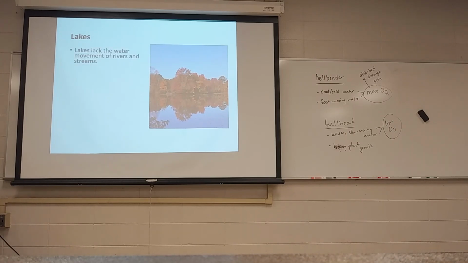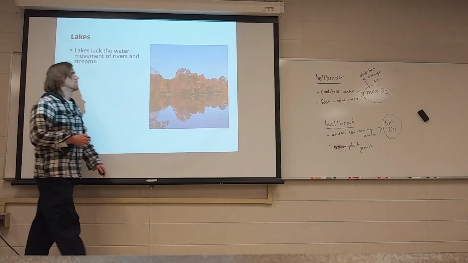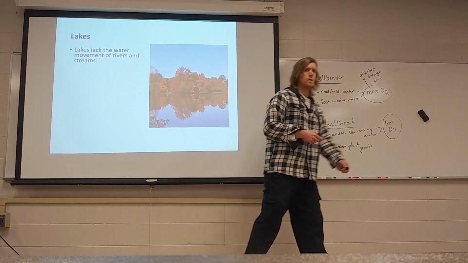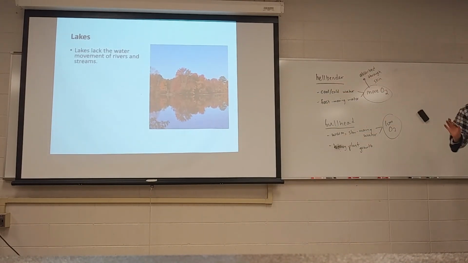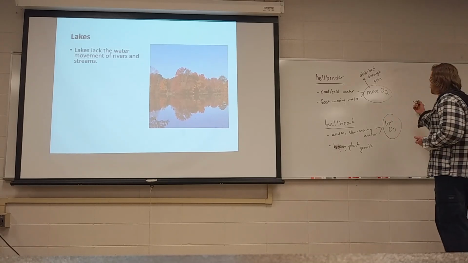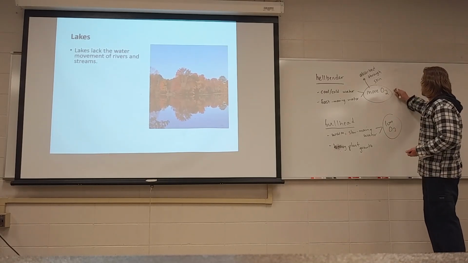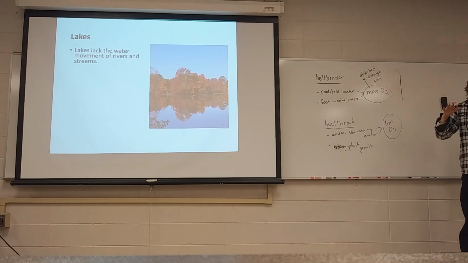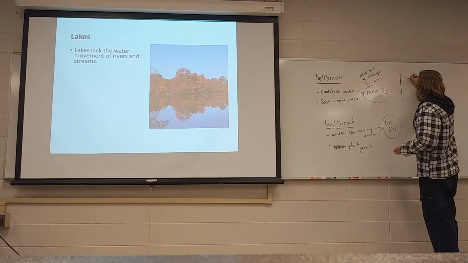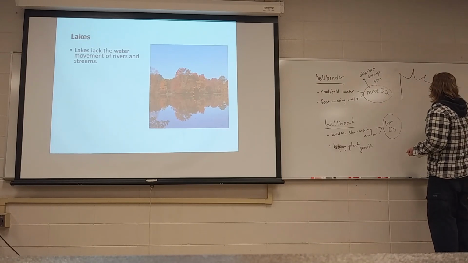Lakes. Simply put, lakes do not have the movement that we see in streams and rivers. Now, in Missouri, our definition of a lake is usually a reservoir where we build a dam and then the water level rises, and so you've got something that's shaped kind of like this.